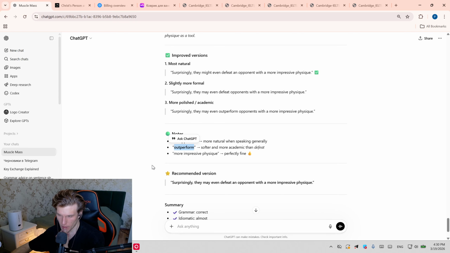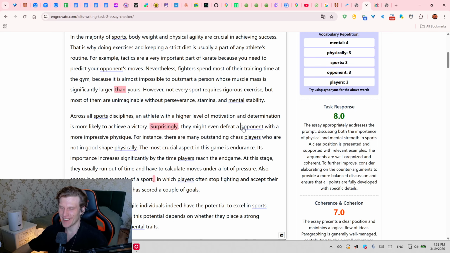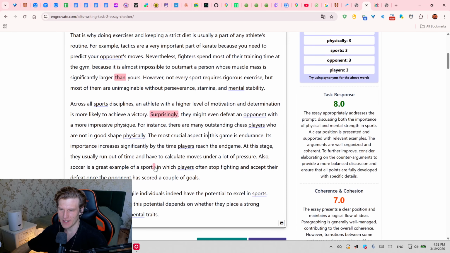Outperform. Okay. They might even defeat. Yeah, here, I agree. That sounds better. Because I'm just talking about just any guy with a more impressive physique than mine, right? Not the specific guy who's so pumped up, who spent his entire life in the gym, and this particular guy will beat me. No. Yeah, that sounds awkward. Defeat an opponent. Okay. And at this stage, they usually have to calculate, blah blah blah.